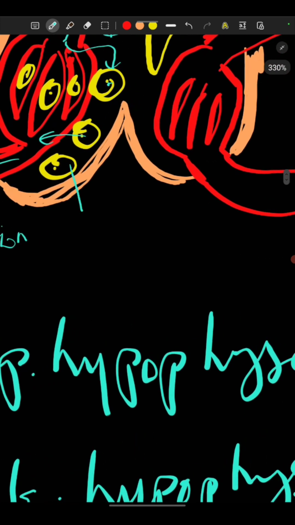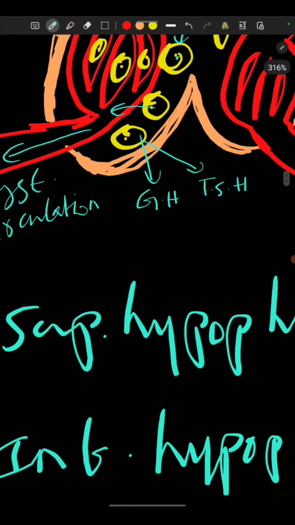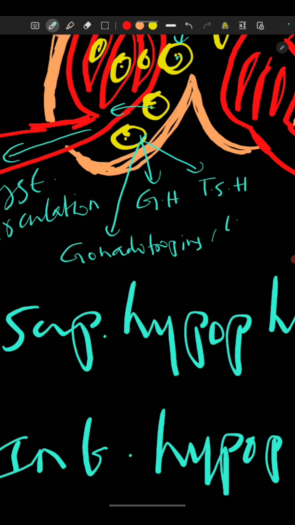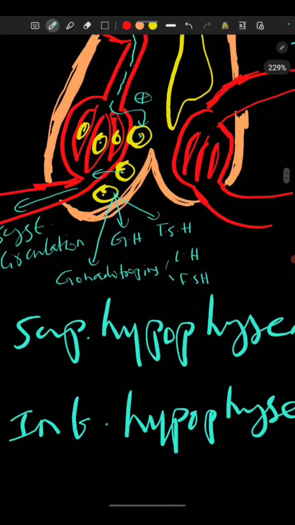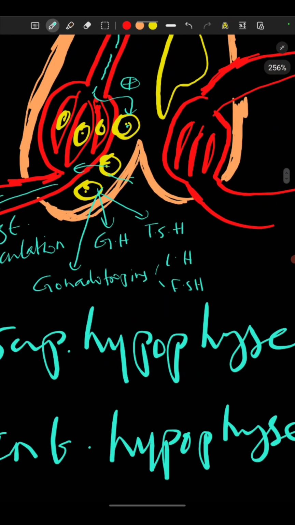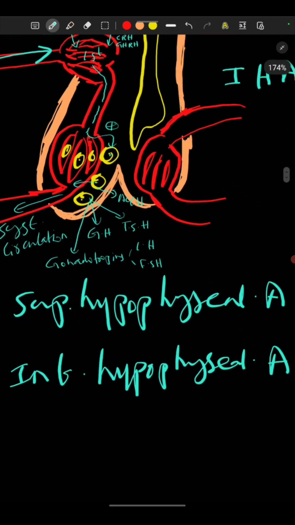Its contents may be growth hormone, thyroid stimulating hormone, gonadotropins like luteinizing hormone, follicle stimulating hormone, and adrenocorticotropic hormone.